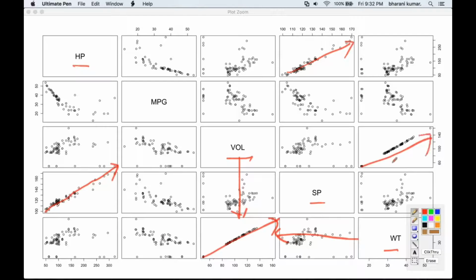Now a follow-up question. Should we have the correlation between output variable and inputs, or should there be a correlation between different input values?